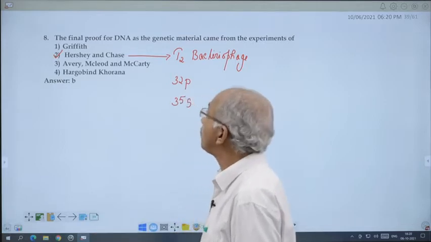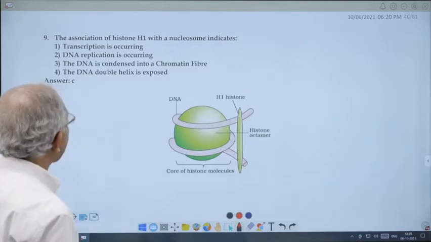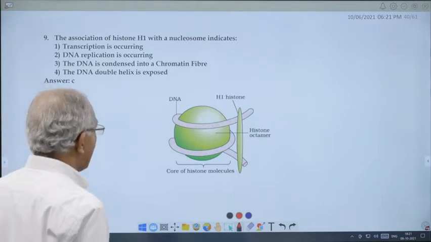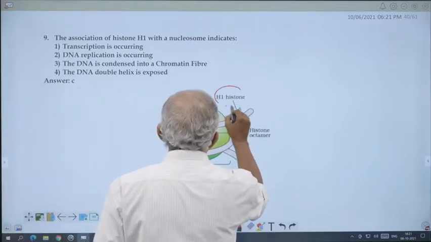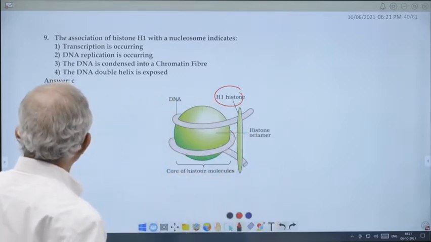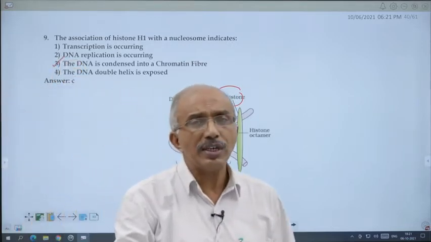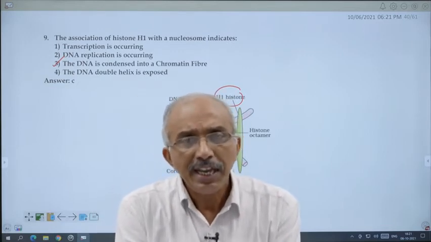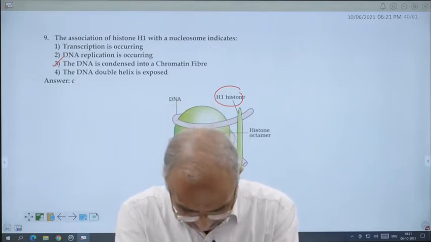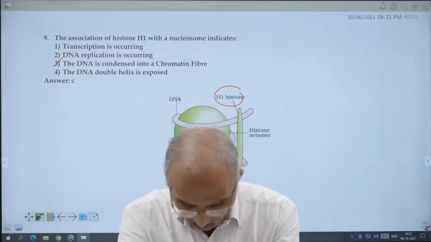Question number 9. Association of histone H1 with a nucleosome indicates what? This is the H1 protein which holds the DNA together. The answer is the association of histones with the DNA indicates that DNA is condensed to form chromatin fiber.